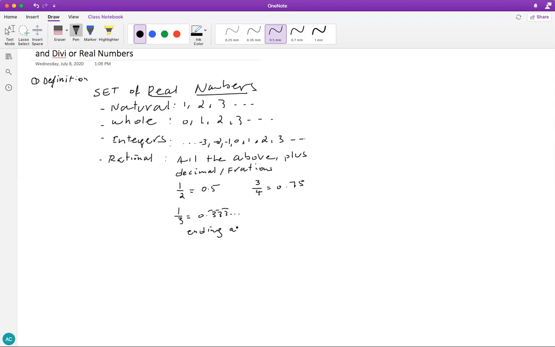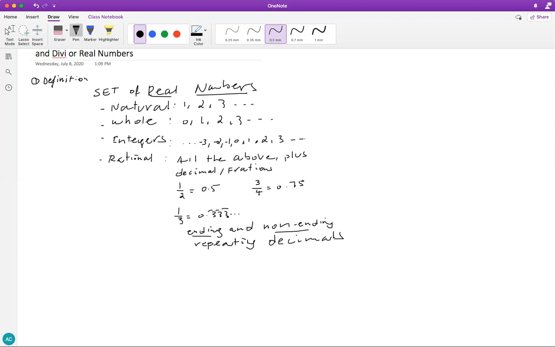And non-ending repeating decimals. Okay, the two things here, either ending or non-ending but repeating decimal.